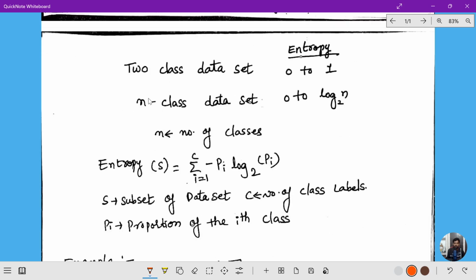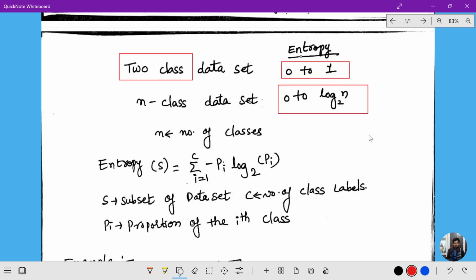For entropy, a 2 class data set ranges from 0 to 1. In the above we have taken 2 classes, male or female. If it contains n classes, the entropy could range from 0 to log n, where n is the number of classes.